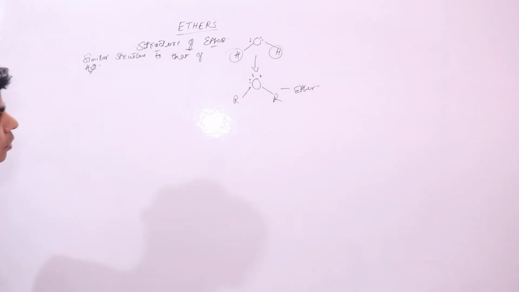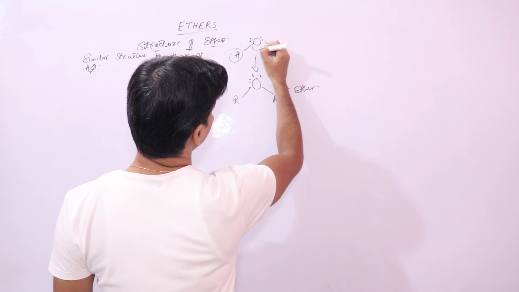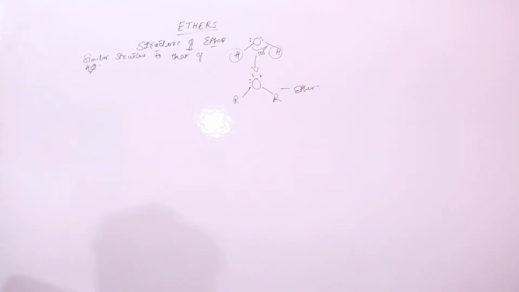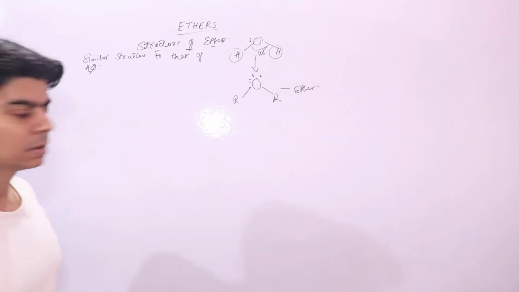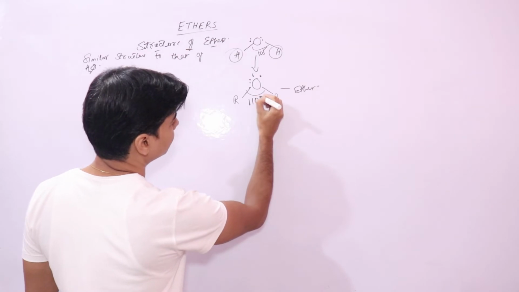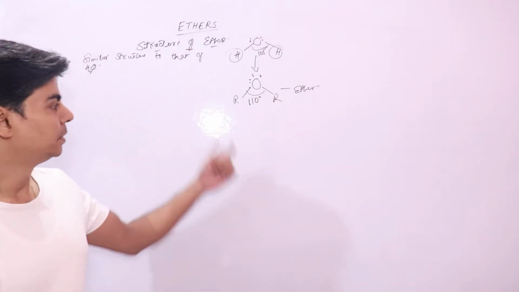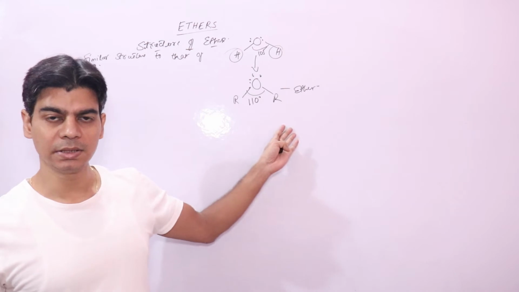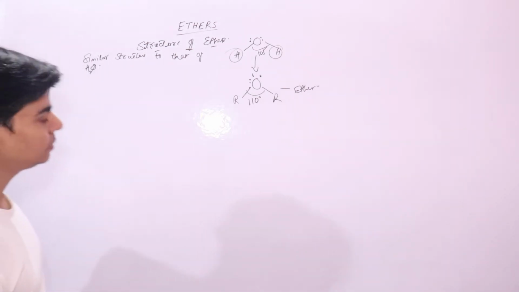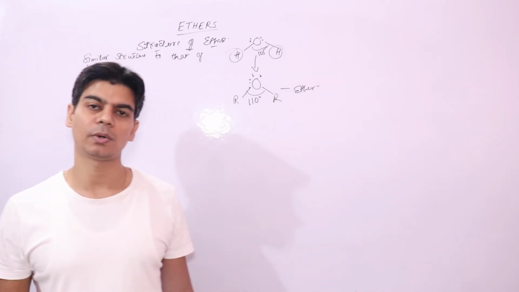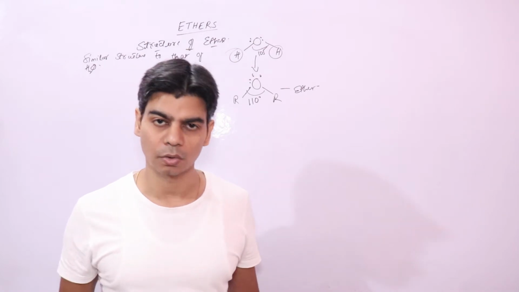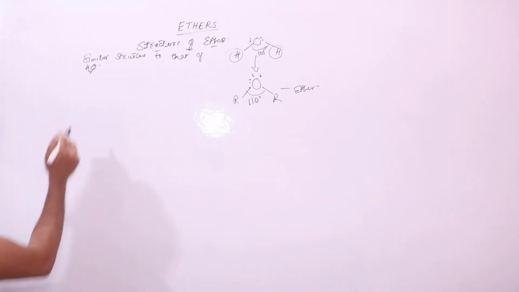We know that in alcohols the bond angle is 105, to be exact 104.5, but in ethers the bond angle would be 110. It might increase in ethers, we will see that in a moment. When we talk about structure, we talk about hybridization, bond angle, dipole moment, and bond length. So we'll see all that.